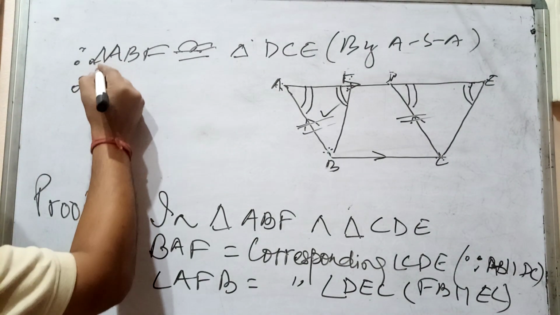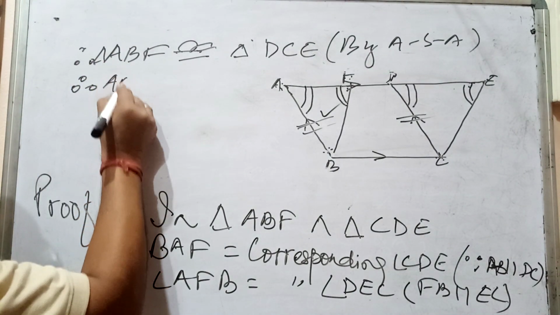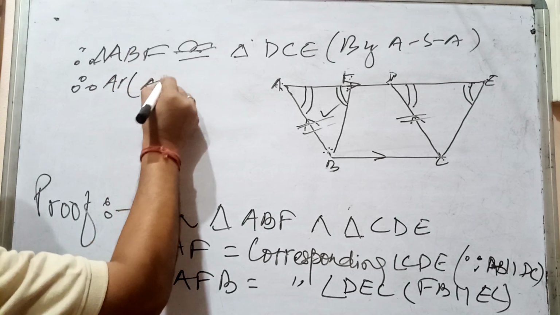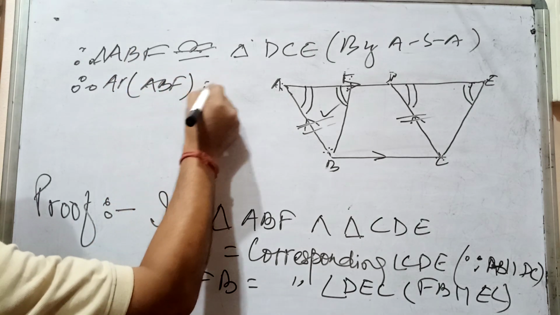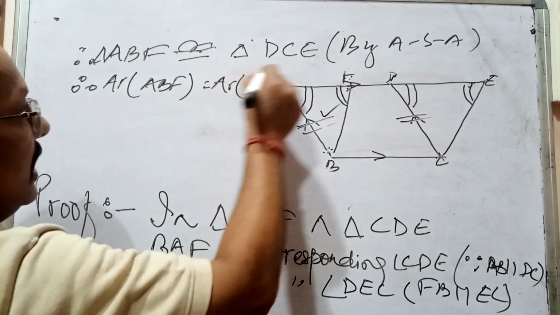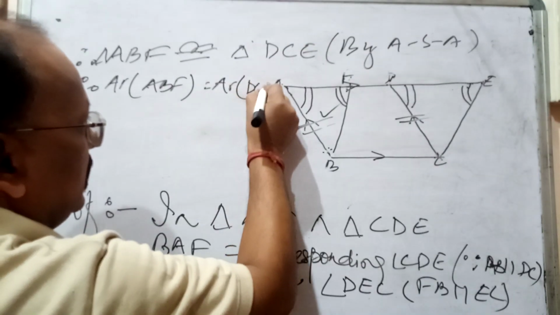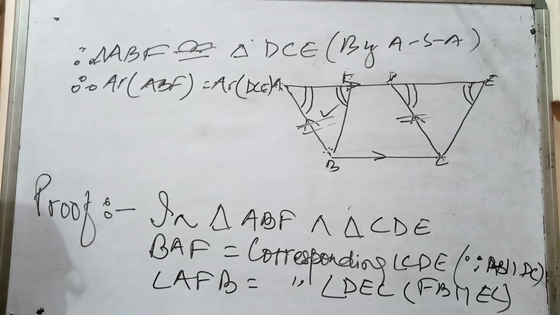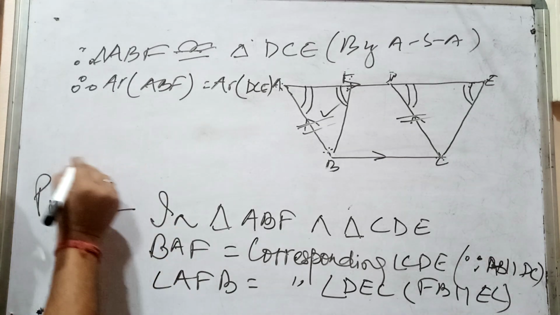Therefore, area of triangle ABF equals area of triangle DCE.